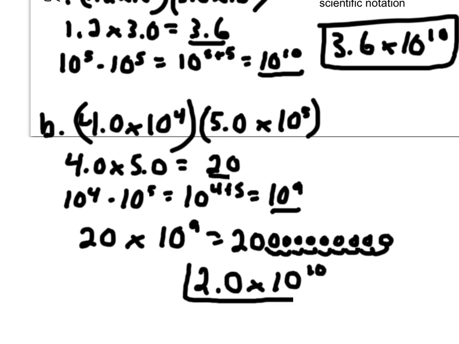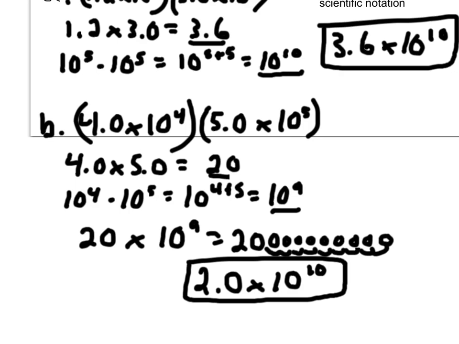So 20 times 10 to the 9th is the same as 2.0 times 10 to the 10th. And this one is in scientific notation correctly because this has to be between 1 and 10. So that's step 3, where it says to write the number in scientific notation, you need to make sure this first number is between 1 and 10.